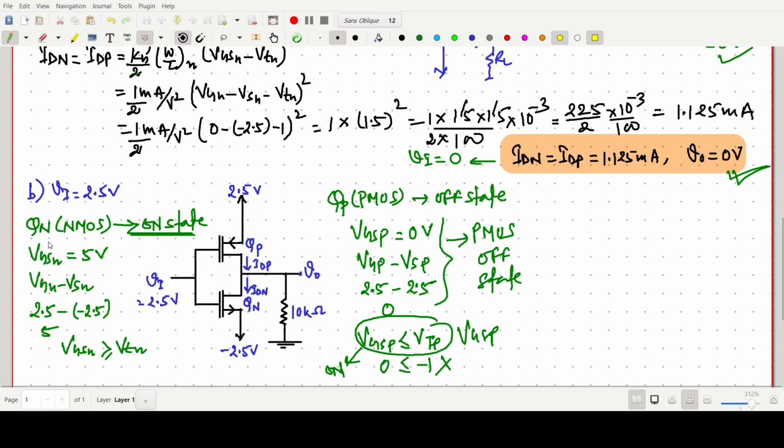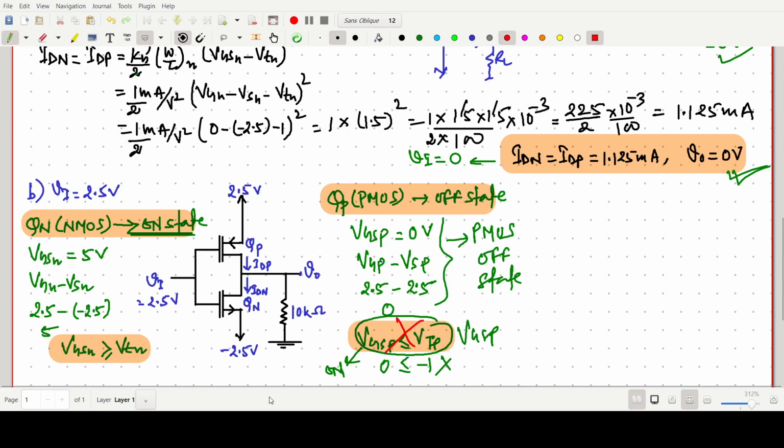Is it okay? Means for the NMOS, I am highlighting this. For the NMOS it is on, for PMOS it is off, because here VGSN is greater than or equal to VTN, but this one is not okay. So this one will be violating, this assumption is wrong.